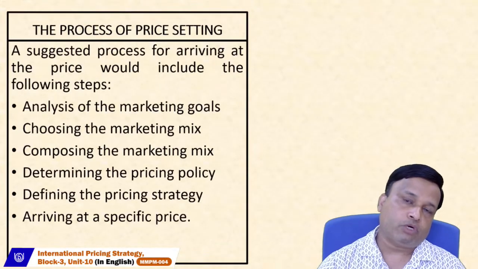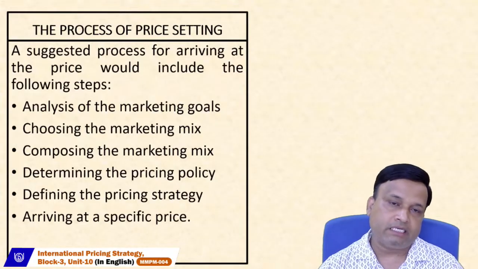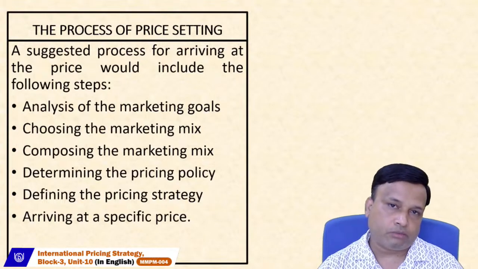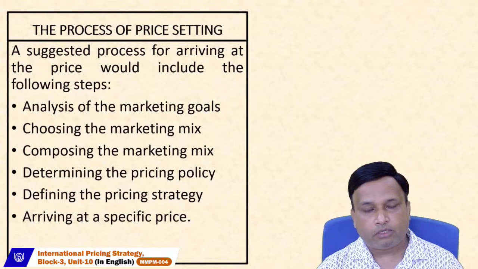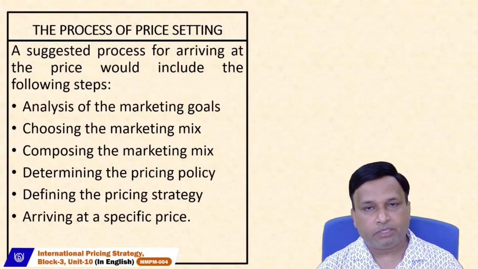Next, we talk about the process of price setting. First of all, you have to identify the target market. We have talked about the segmentation approach, when you are dividing the market into different parts.